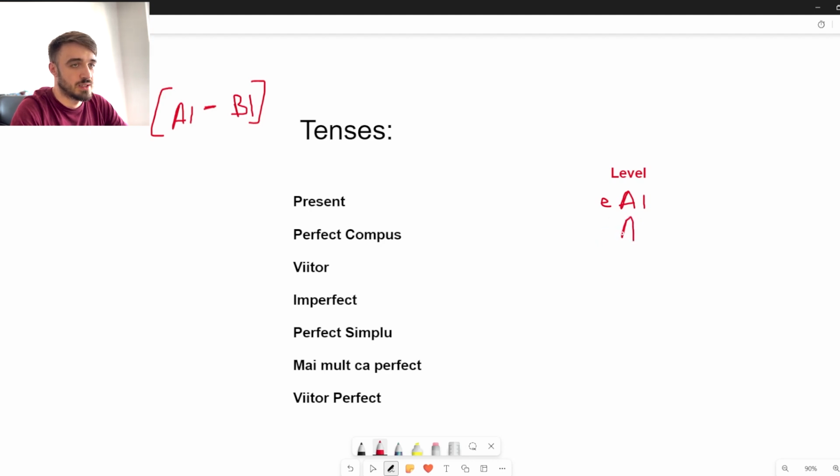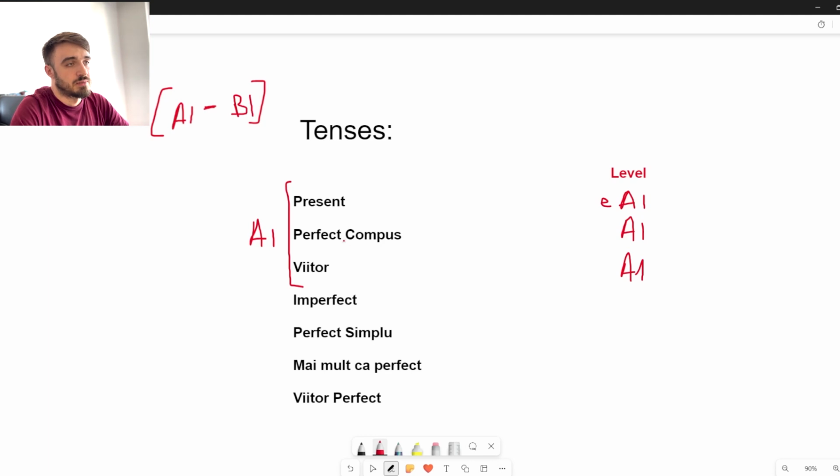So I would say it's also A1. Why? Because you want to know how to express yourself in the most basic form in the three tenses that you have basically in any language, right? Which is the present, the past, and the future. That's why I put all those three under A1, and that's why I really recommend focusing on those three straight away.